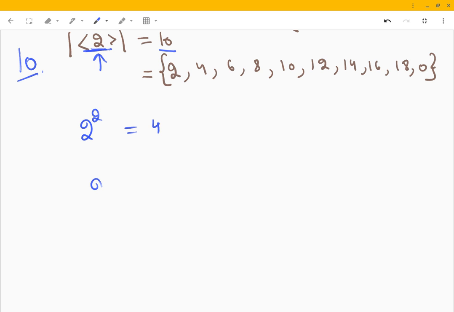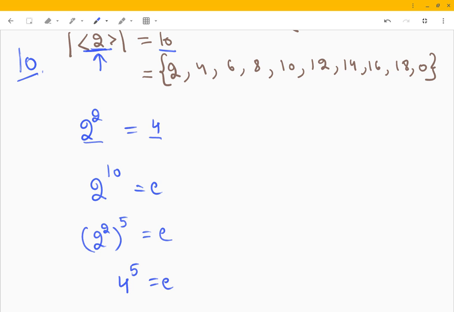Now look, the order of 2 is 10. And we know that 2 squared is 4. So if we do this, that means 4 to the power 5 is e.